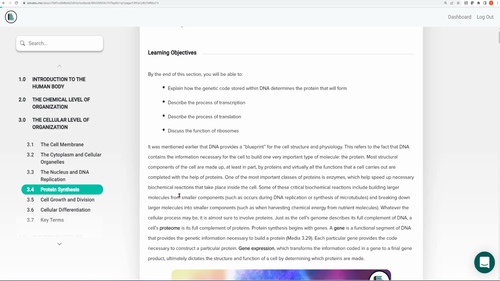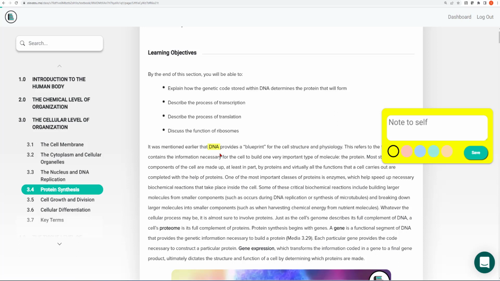So, where do proteins come from? The instructions to build proteins come from the DNA. So in the nucleus of your cells, you have DNA. DNA is the blueprint for all of what your cells do. The DNA contains the instructions for everything that your cells produce. Okay?